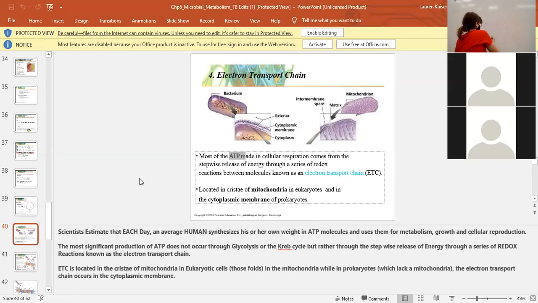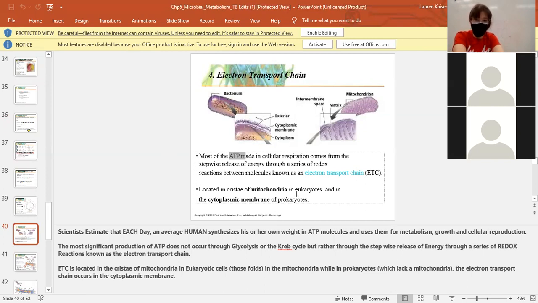All of a sudden we have electrons doing this dance. They go in and out, in and out, in and out. This is the chain that we build, the basic pathway they take. And these are all redox reactions: redox reaction, redox reaction, redox reaction.